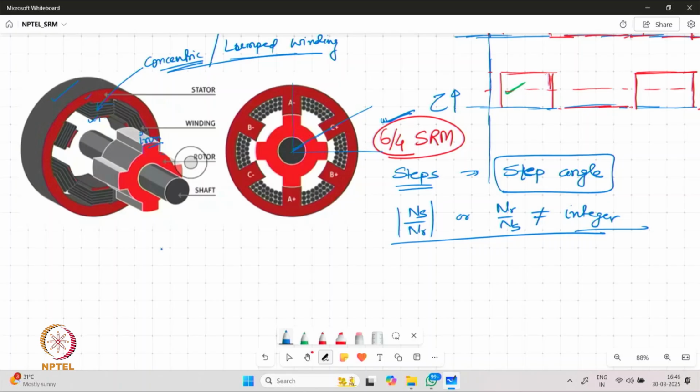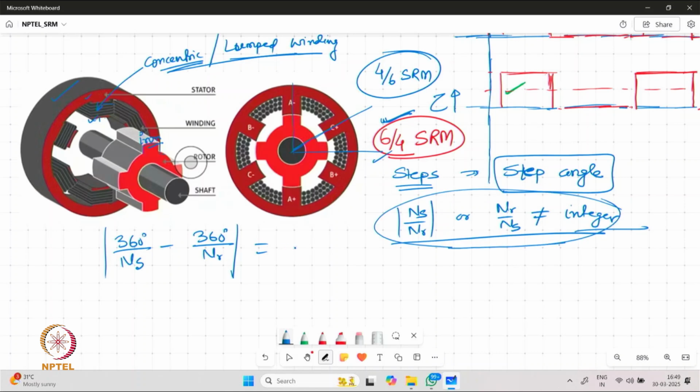We have the stator pole angle given by 360 by Ns and the rotor pole angle given by 360 by Nr, and if we go for a 6/4 machine it is going to be 360 by 6 and 360 by 4, giving 30 degrees. So as we can see, the difference between the two angles for the stator pole and the rotor pole is 30 degrees. So whether it's a 6/4 SRM or a 4/6 SRM, it is applicable for both.